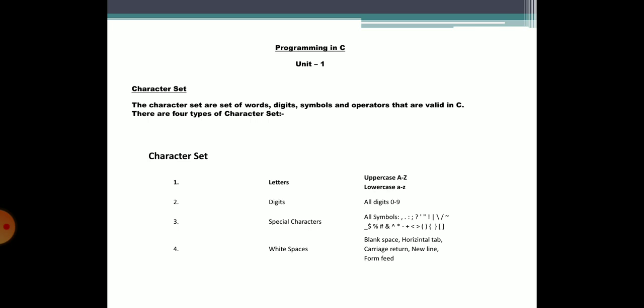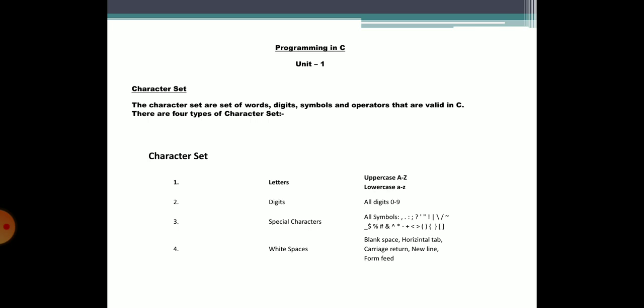Letters include all the uppercase and lowercase letters. That means a C program can include all the uppercase and lowercase letters, all the digits 0 to 9, and all the special characters. Special characters include all the symbols: question mark, slash, single quotes, double quotes, braces, upward arrow, dollar symbol, etc. It can make use of any special characters.